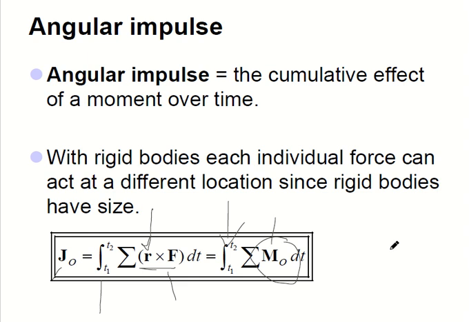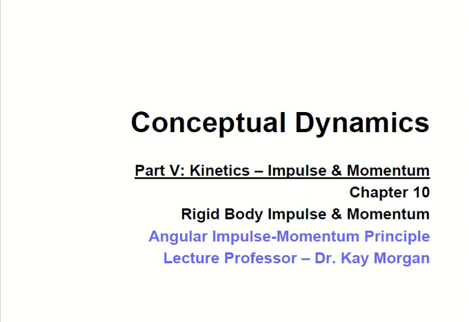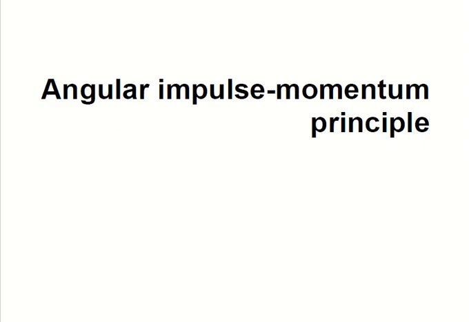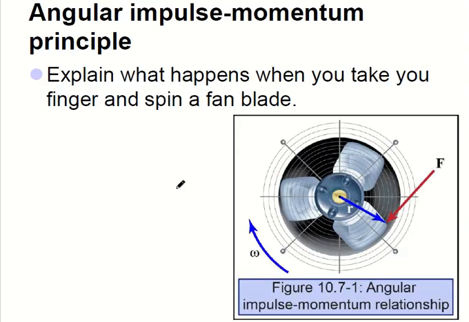So with rigid bodies, each individual force can act at a different location because rigid bodies have size, unlike sizeless particles. Angular impulse momentum principle, and the very first thing is this example.